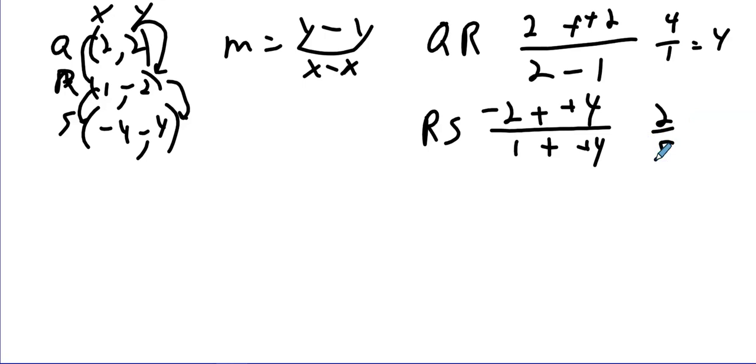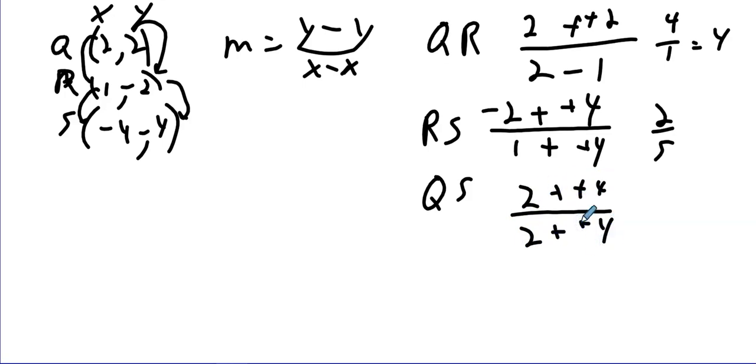That's 2 over 5. So I did QR and RS, now I need to do QS. Again, I'm going to put my minus sign here first. So they're going to be the same on the top and bottom. It's going to be 2 minus negative 4, 2 minus negative 4. Both are going to become positive. And that's going to give me 6 over 6, which is 1.